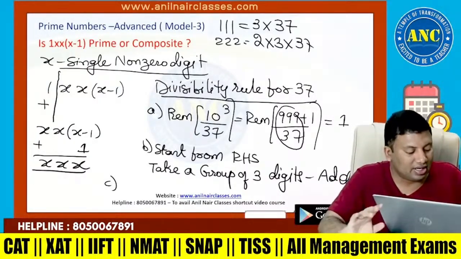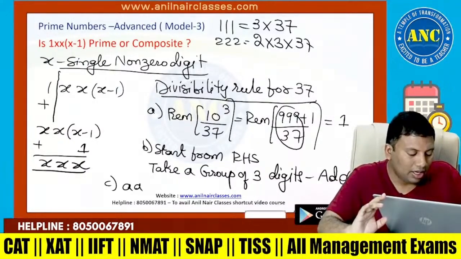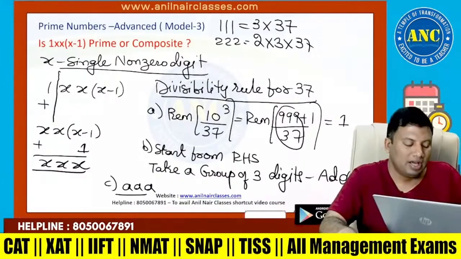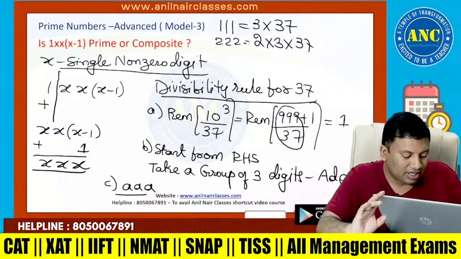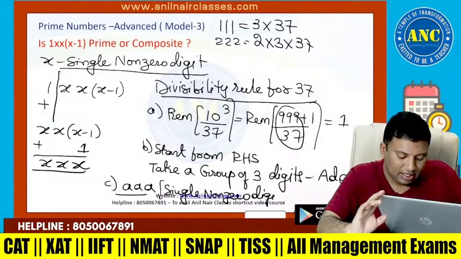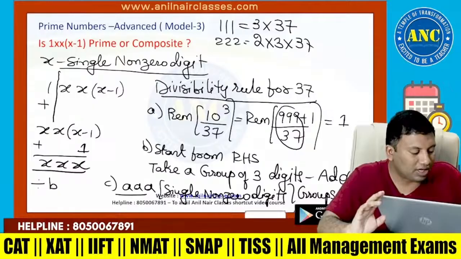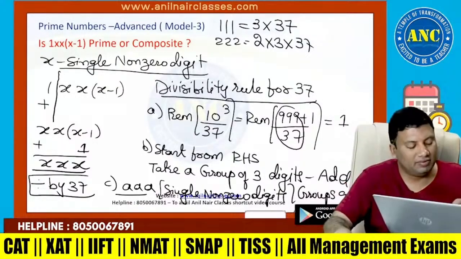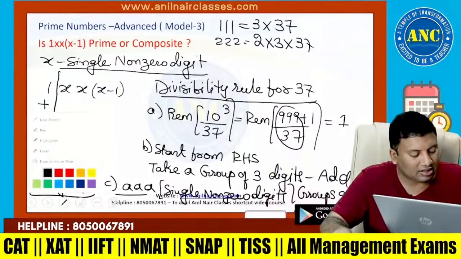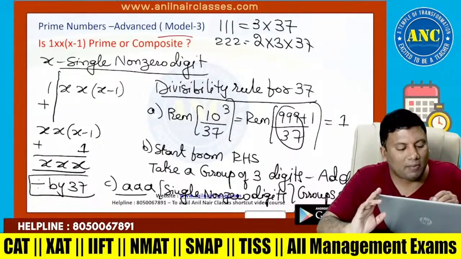Any number where a single non-zero digit is written in groups of 3 is always divisible by 37. Any number divisible by 37, other than 37 itself, is a composite number.